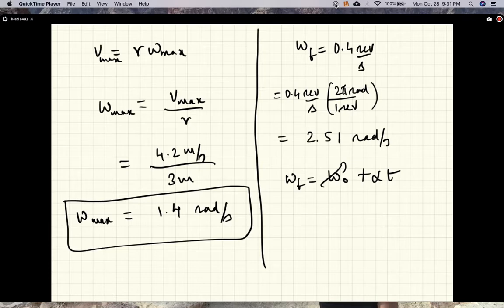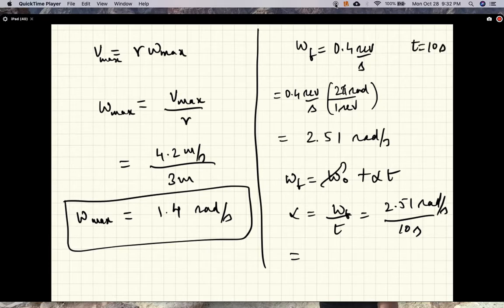Omega naught is 0, so alpha is omega final divided by t, 2.51 radians per second divided by 10 seconds. Remember, this velocity was achieved at t equal to 10 seconds. So the angular acceleration is 0.251 radians per second squared.